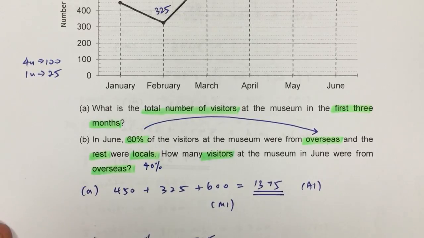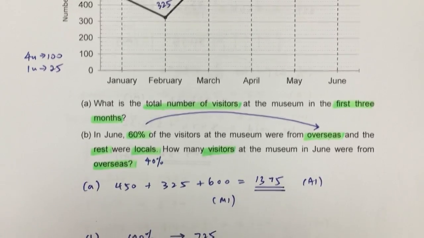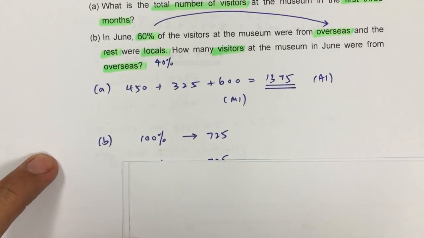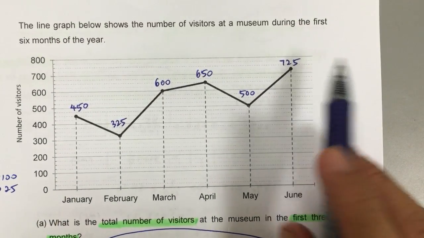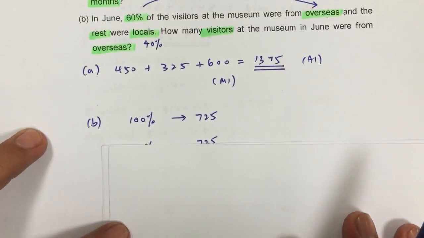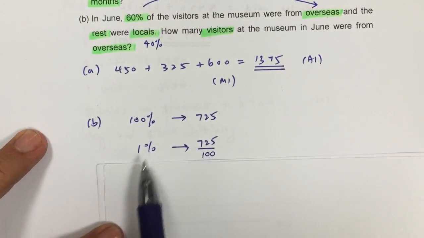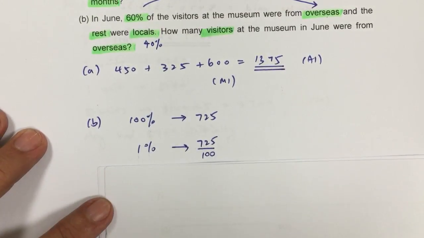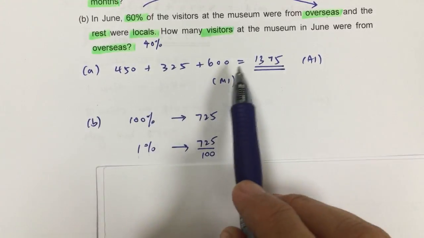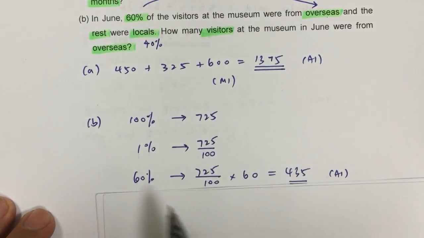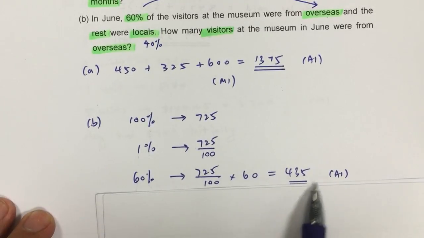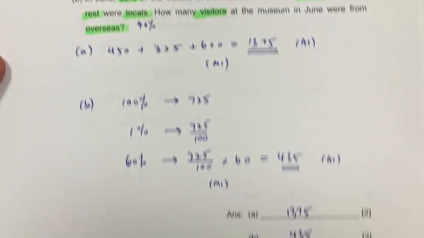So for June, 100% is 725. Right? You find 1%, I divide by 100. I want to find how many from overseas, so I need to find 60%. So I times 60, I get 435 visitors.